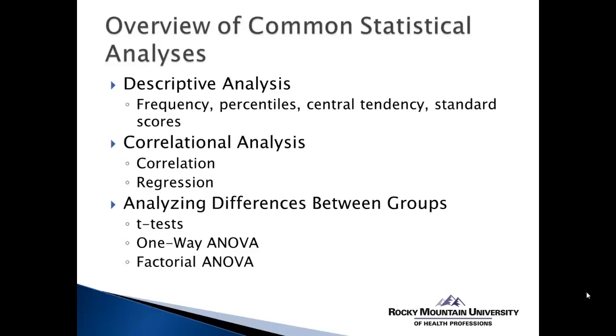Now the next is known as a factorial ANOVA, sometimes referred to as a two-way ANOVA or three-way or four-way ANOVA depending on your situation. And this allows us to test the impact of two or more independent variables on one numeric dependent variable. So the advantage of using the two-way ANOVA or the factorial ANOVA is that it allows you to test for an interaction effect.